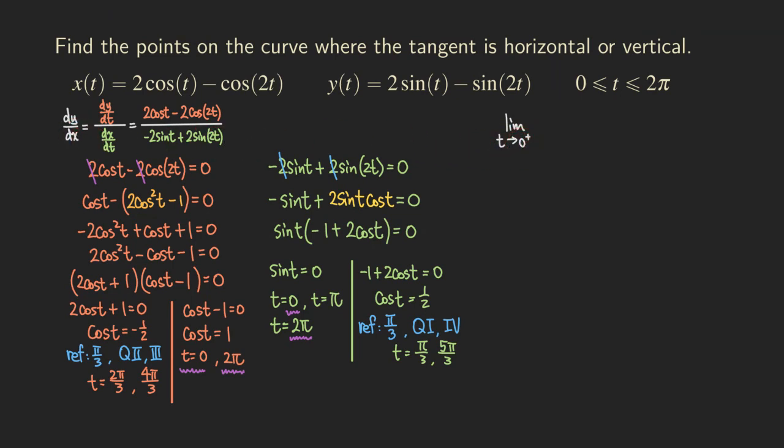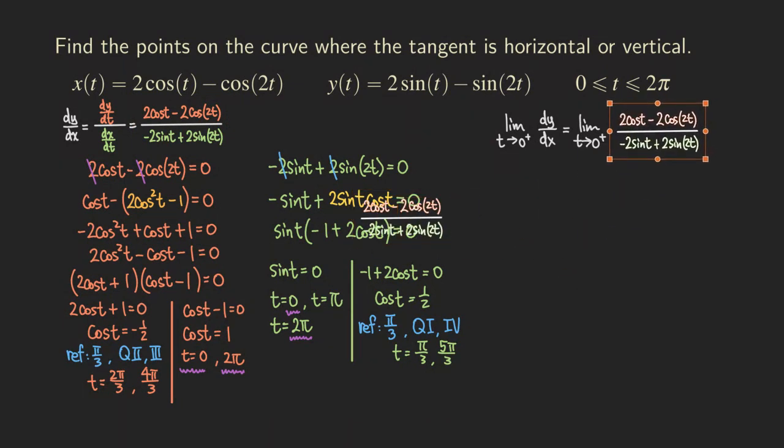Of this function. So we are going to consider this dy over dx right here. That's actually the limit problem as t approaches 0 from the right side, and we have this expression right here. This is our derivative function, so I'm just going to copy that over here.